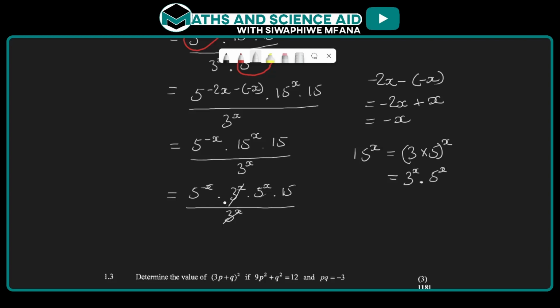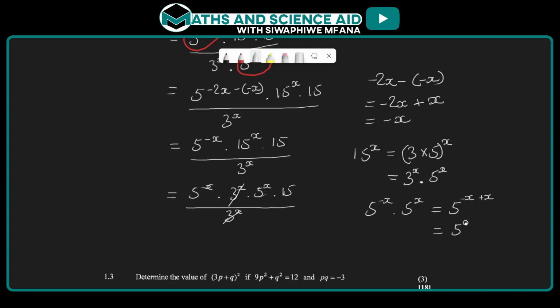And now in addition, you will notice that we are now going to be left with 5 to the power of negative x multiplied by 5 to the power of negative x, and of course the 15, right? But now these ones have the same base, so we can apply the laws of exponents to combine them. And if we do that, we will get 5 to the power of negative x plus x. And negative x plus x is going to give us 0.